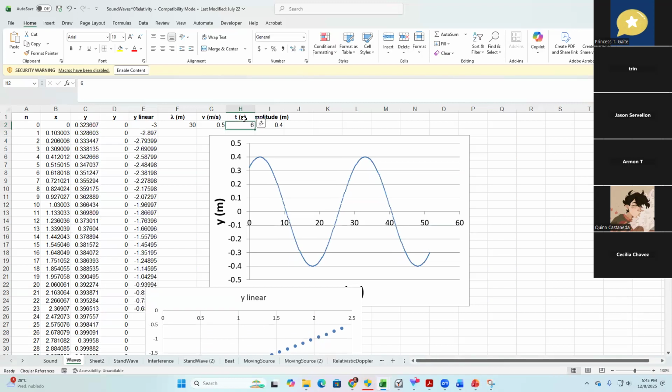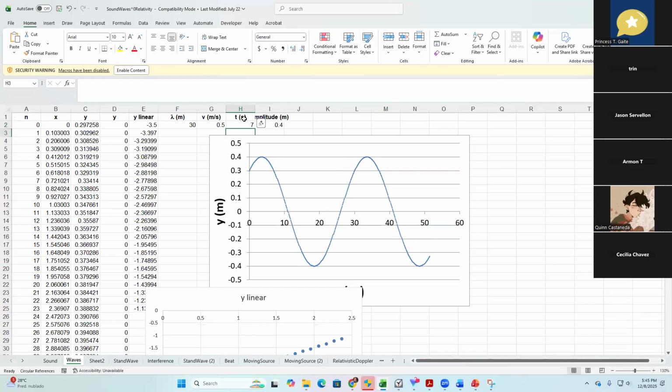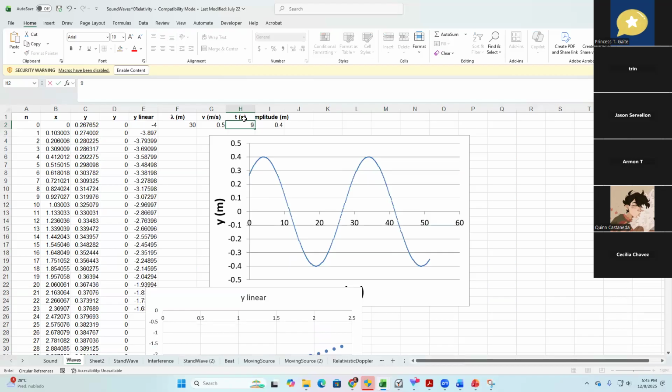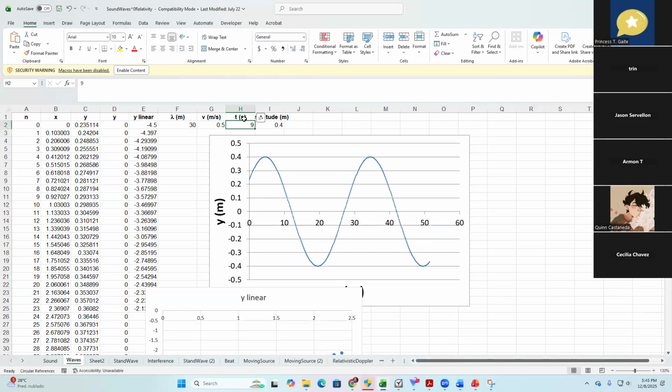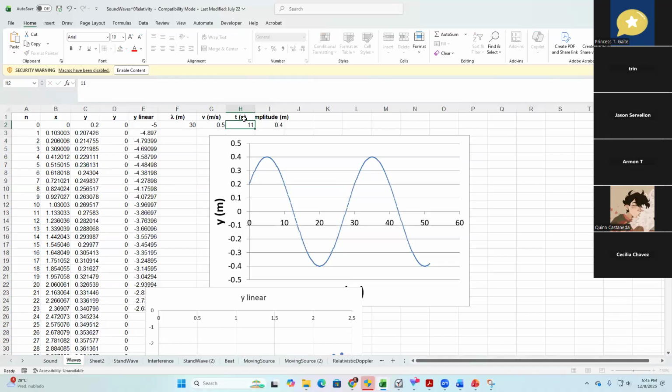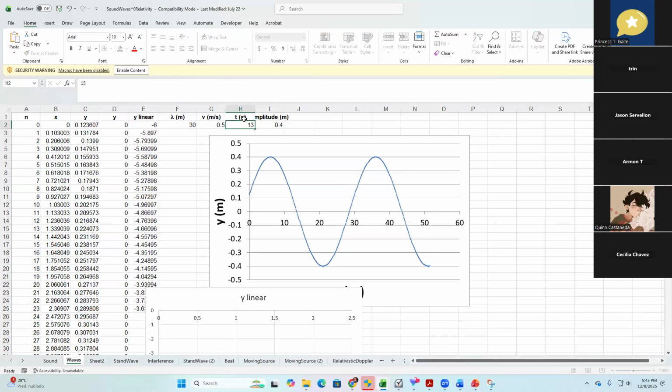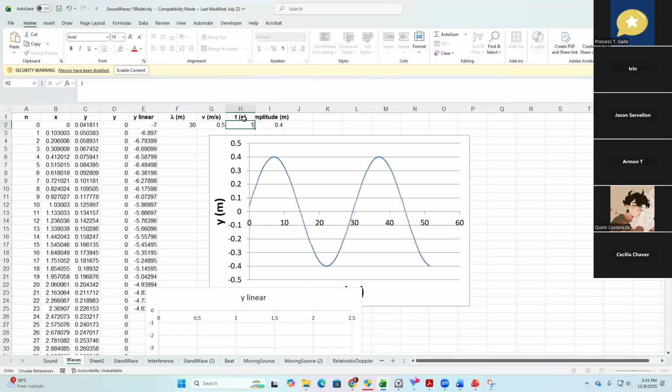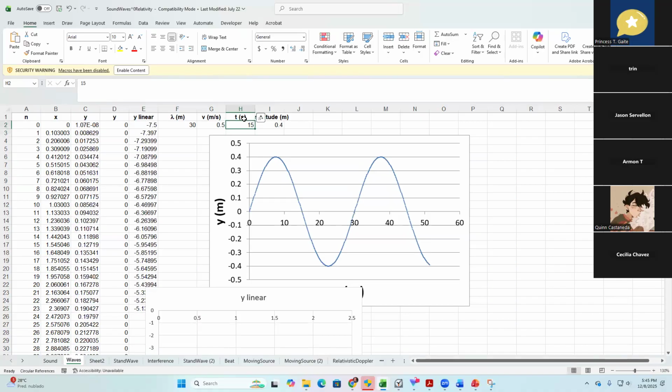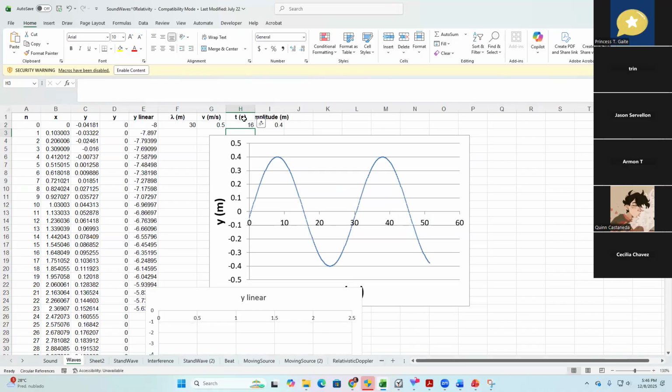We have this illusion that the string itself is propagating, when in reality it's not the string that's propagating from the left to the right, it is the energy that you are applying to the string that is propagating from the left to the right. That's what we call a train of waves.